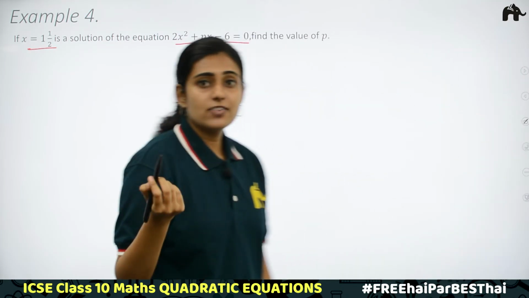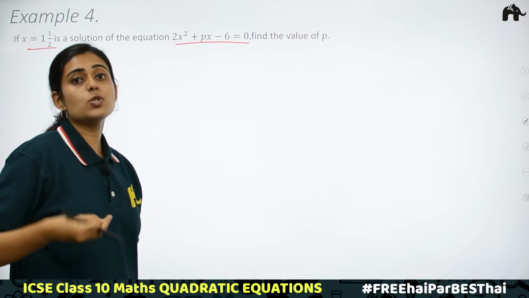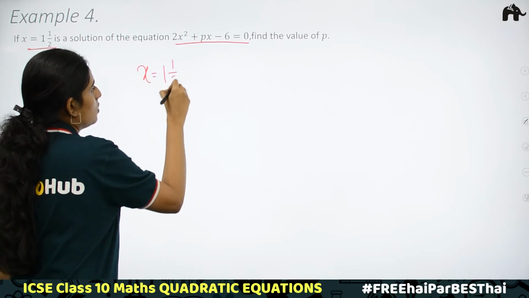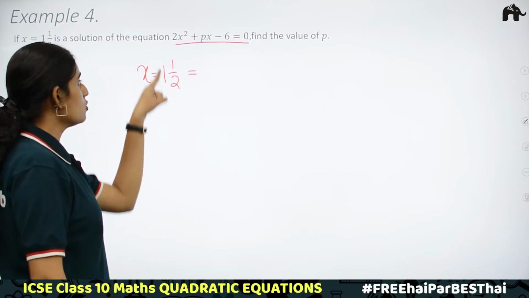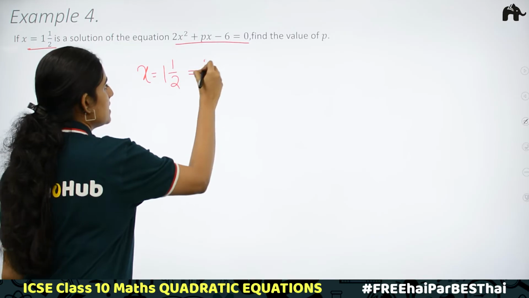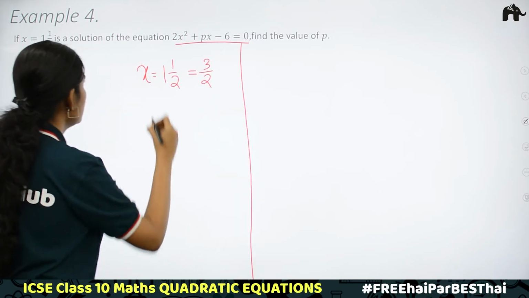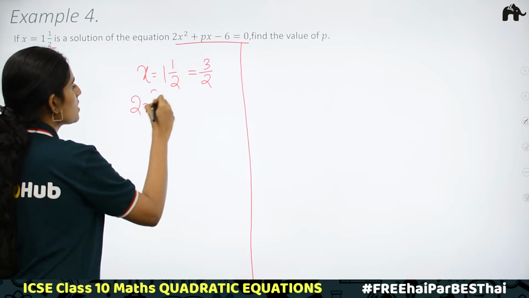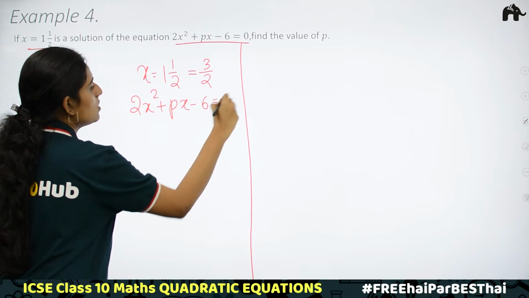First, we have to convert this mixed fraction x is equal to 1 1 by 2 into an improper fraction. X is equal to 1 1 by 2, which is equal to 1 into 2, 2, 2 plus 1, 3. That is 3 by 2. Okay. Now take the equation, that is 2x square plus px minus 6 is equal to 0.